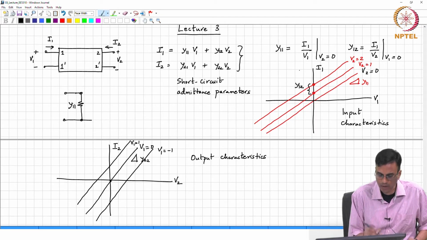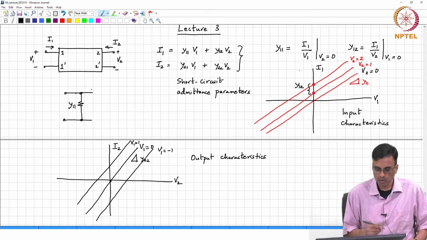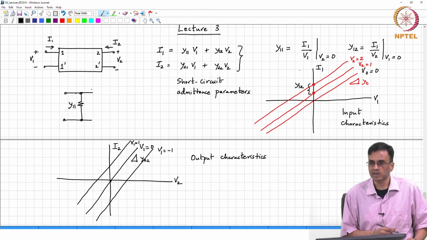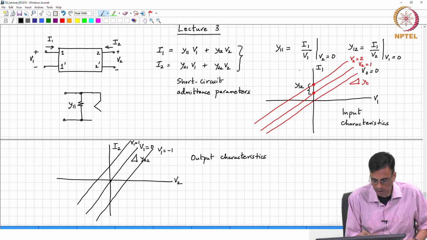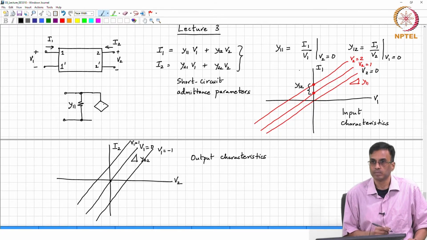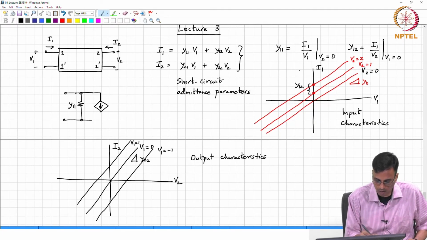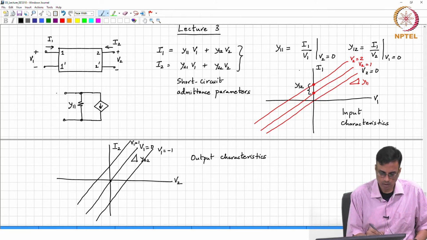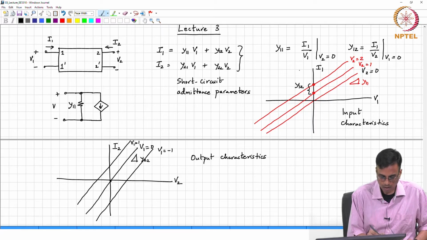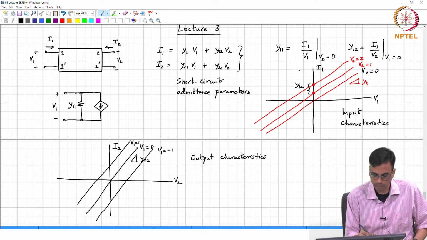So this is y11. Is y11 an admittance, or a resistance, or a conductance? It is a conductance. Then what kind of current source? It is a voltage controlled current source, and must it flow down or up? Down. And what is the value of that voltage controlled current source? y12 V2.